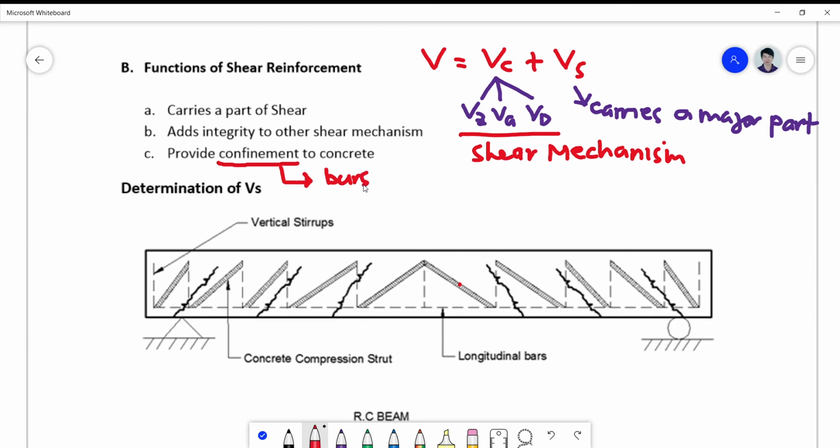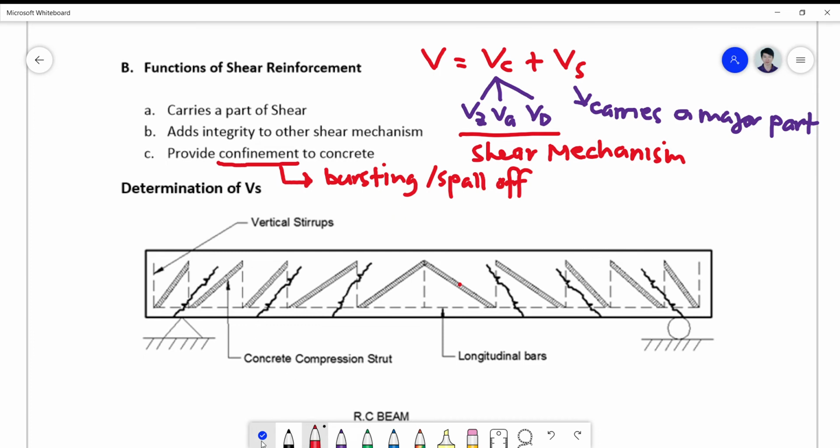When concrete cracks, there's a tendency for concrete to burst or to fall off, so it can go out of the cage of your steel bars, and of course if some of the concrete bursts, the integrity of your beam will suffer.